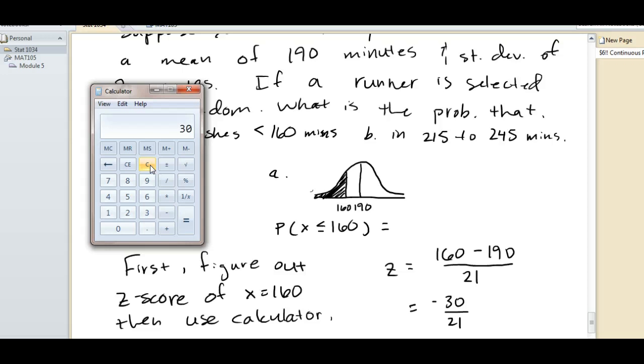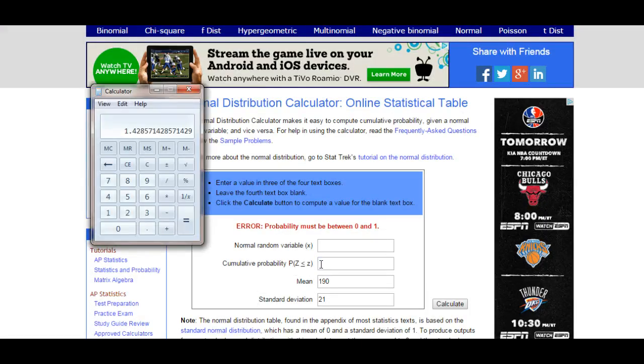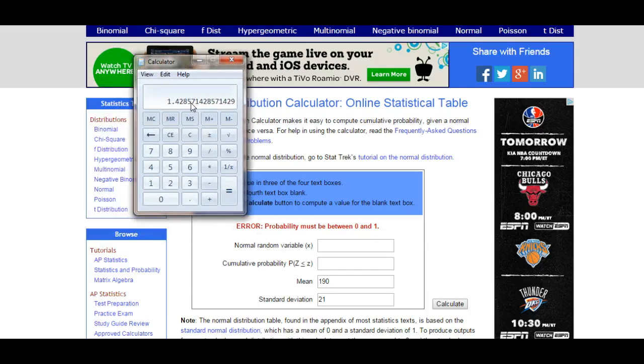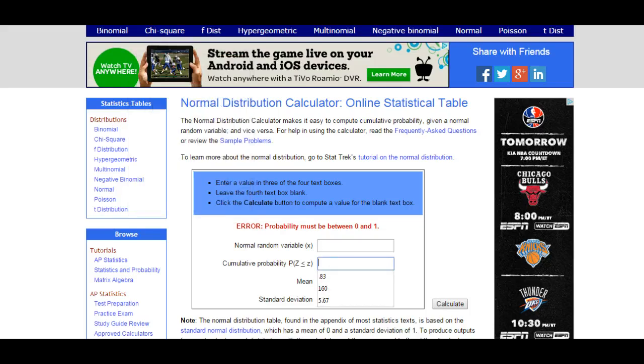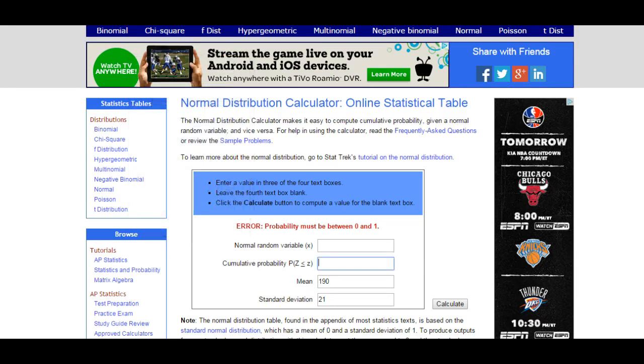So 30 over 21, I know it's going to be negative, I'm just going to remember. So that value, let's plug it in. So we want the z-score, I'm going to use like 6 decimal places, 1.428571, and we go ahead and click calculate.